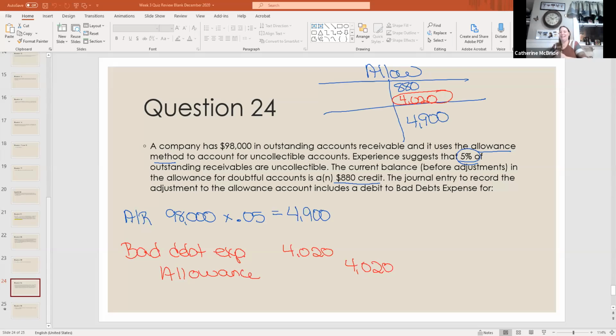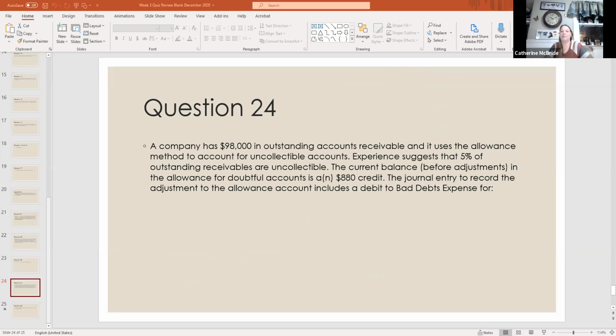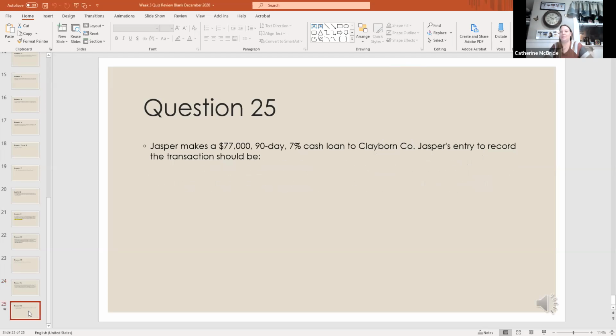Oh, the next one's easy. The last one's super easy. So we're just going to record the journal entry for this transaction. Jasper makes a $77,000 90-day 7% cash loan to Claiborne.